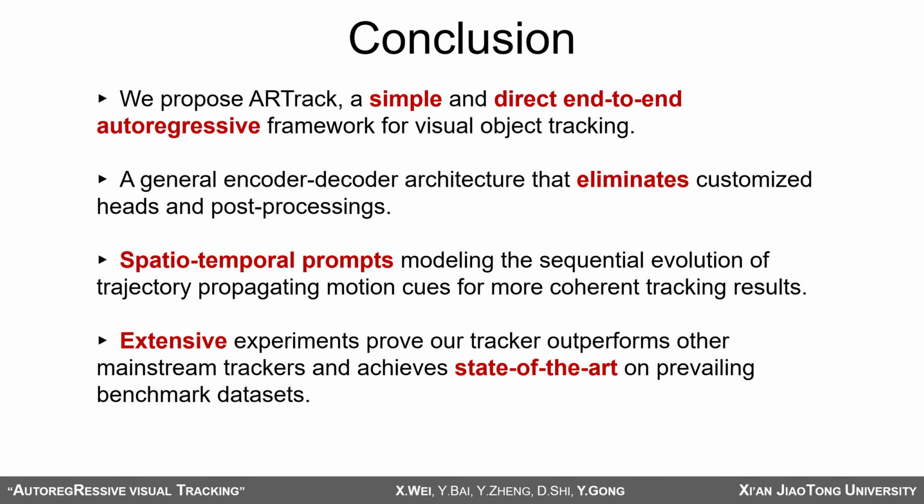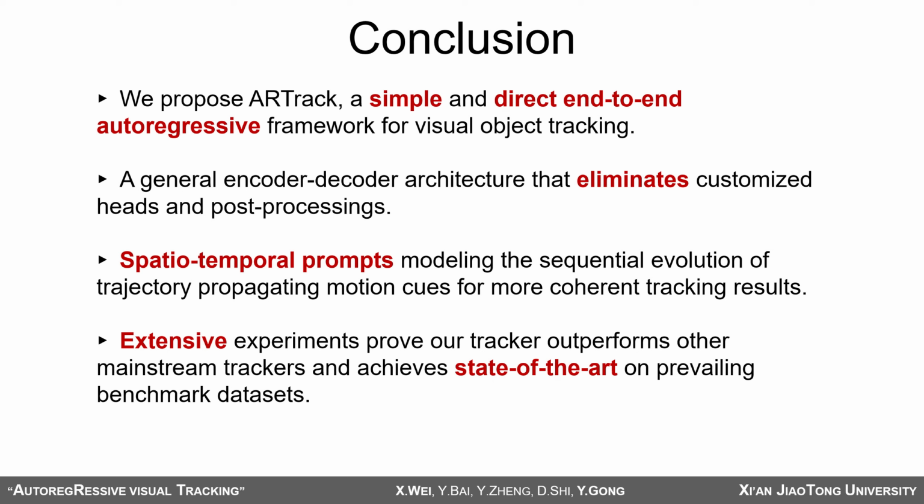In conclusion, we propose ARTrack, a simple and straightforward end-to-end autoregressive framework for visual object tracking. Our approach treats visual tracking as a task of interpreting a sequence of coordinates and leverages language modeling to simultaneously perform visual template matching and motion information modeling. The ARTrack architecture is based on a general encoder-decoder framework, eliminating the need for customized heads and post-processing, which streamlines the tracking pipeline.